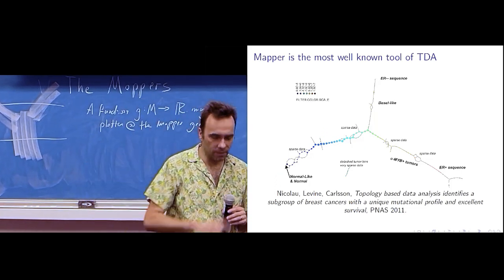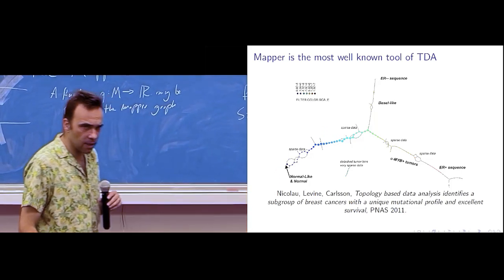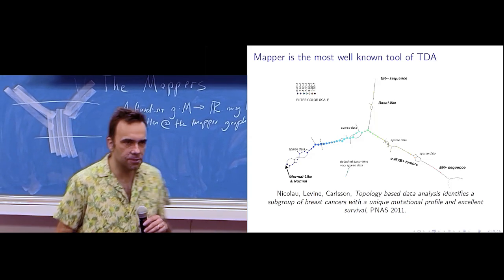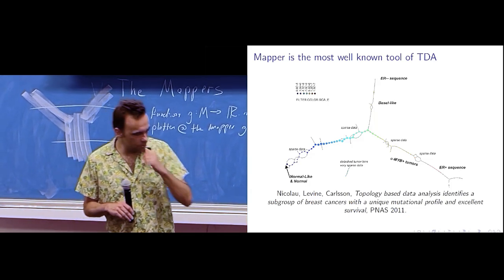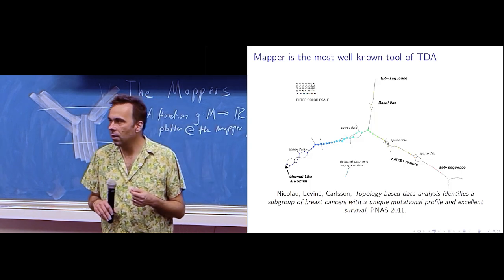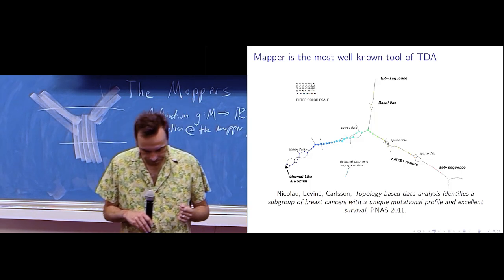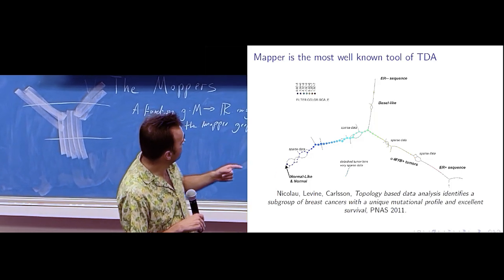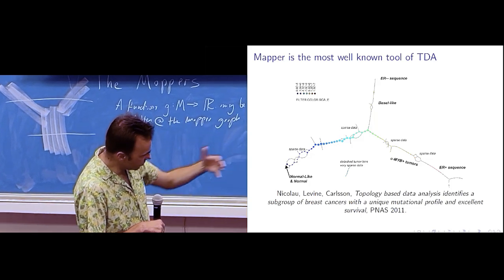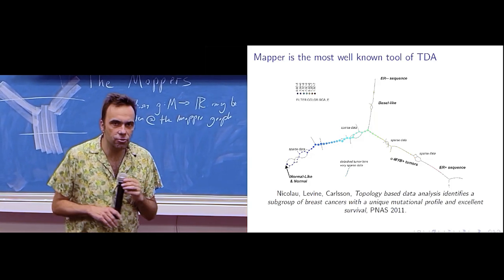Okay, so let me tell you what the something is. NKI is a breast cancer gene expression data set, with gene expressions for a few hundred patients with breast cancer. The coloring shows how much those genes are different from healthy tissue.